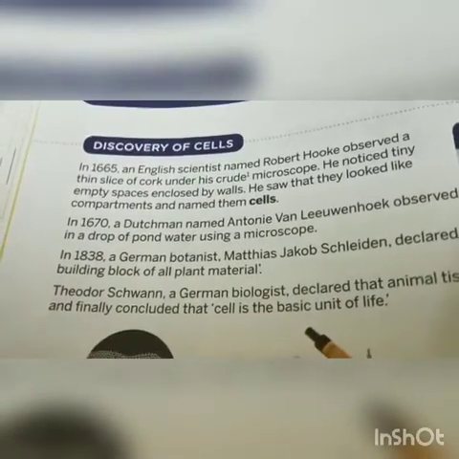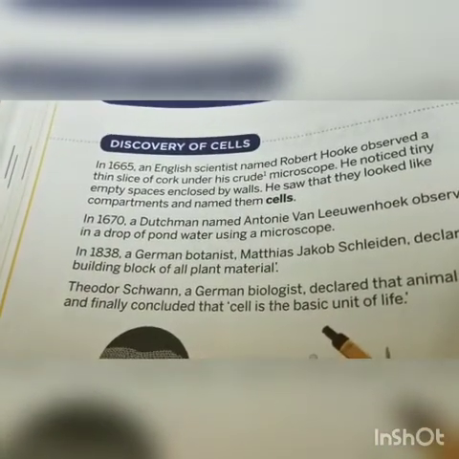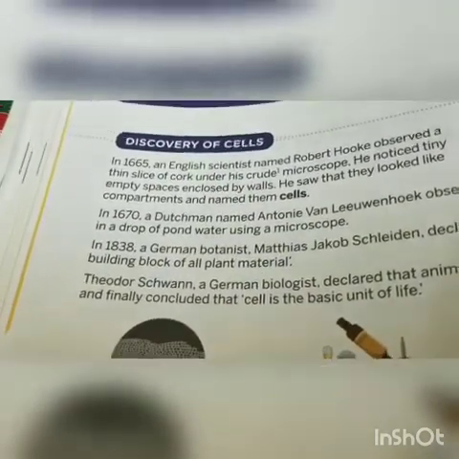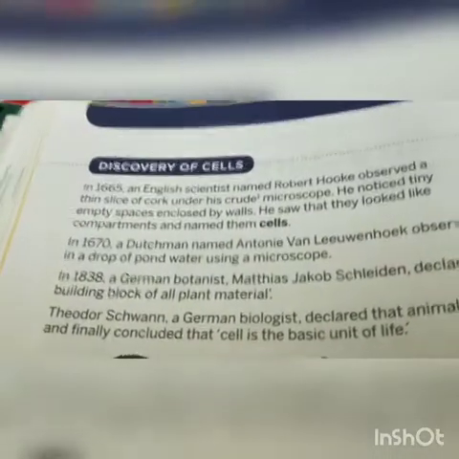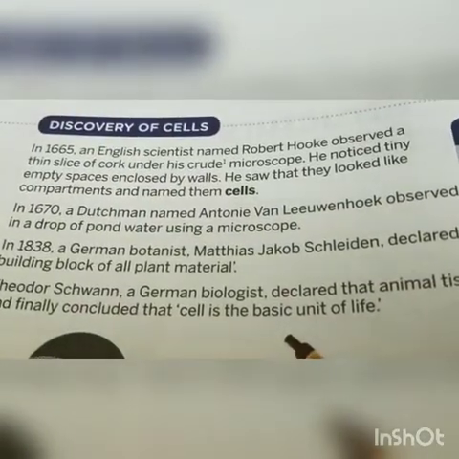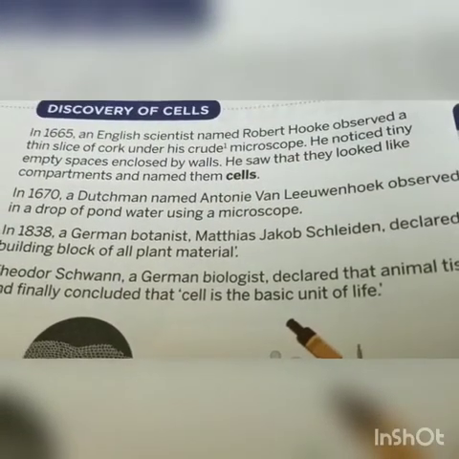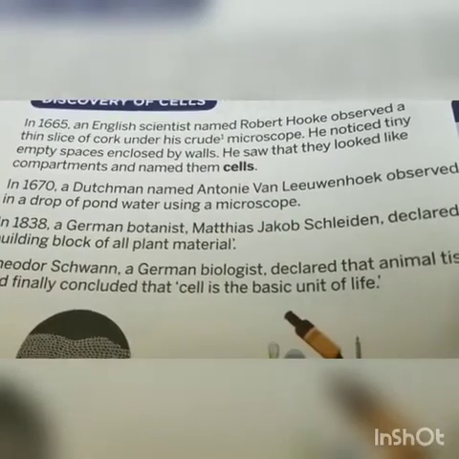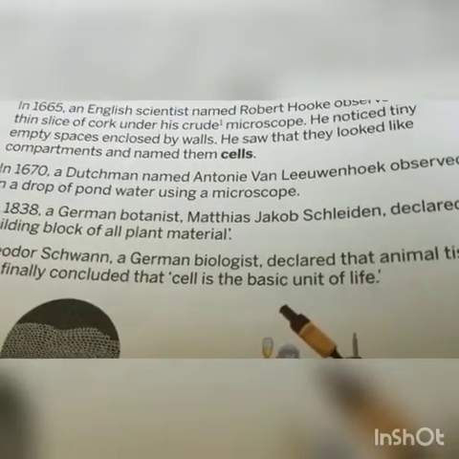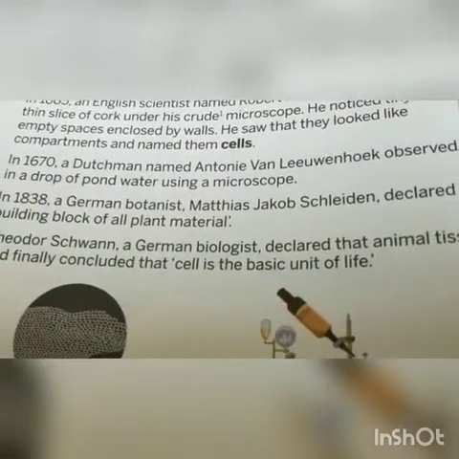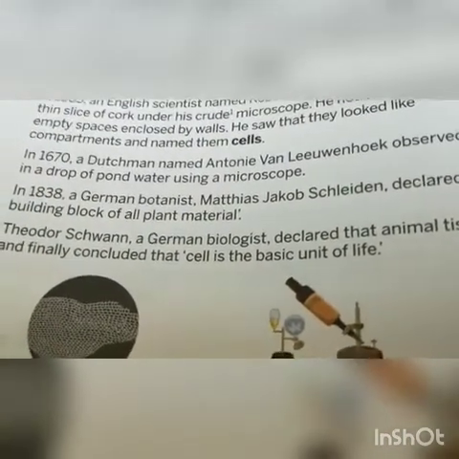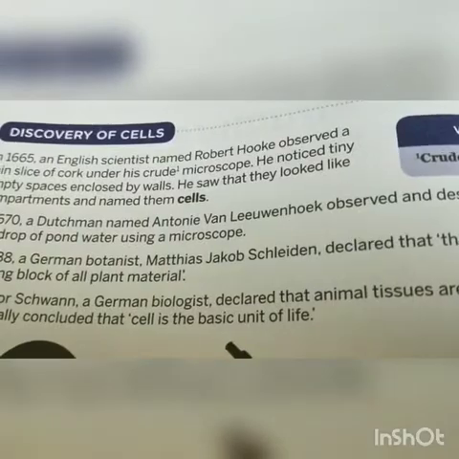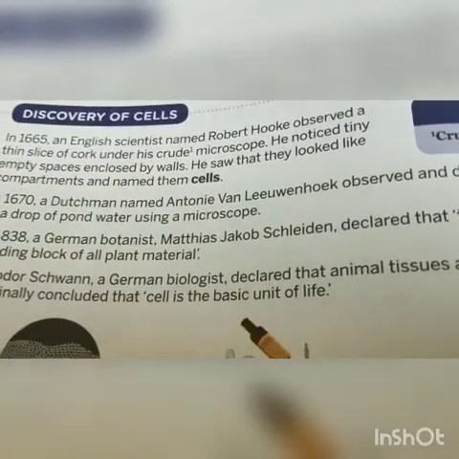So Robert Hooke cut that cork into a very thin slice, and he had made one microscope. It's a crude microscope. Under that microscope, he observed that thin slice of cork, and he noticed there is some very small empty space, and that empty space is covered by some wall or boundary.